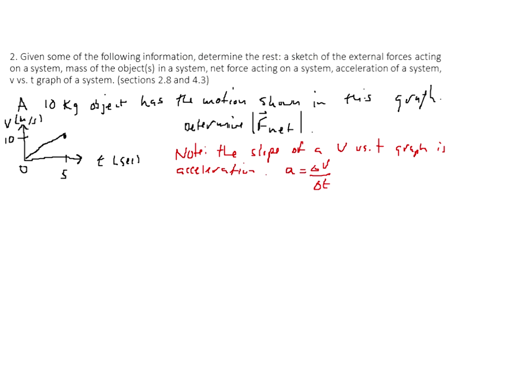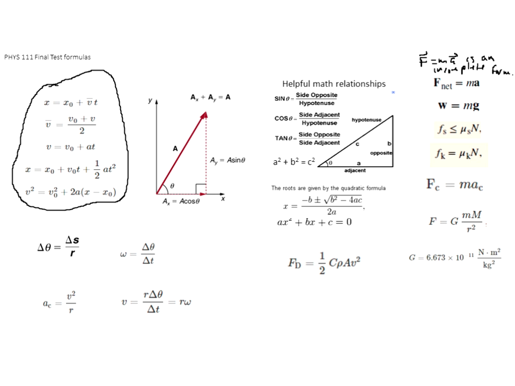A equals delta V over delta T, which our book likes to simplify in basically that way right there.